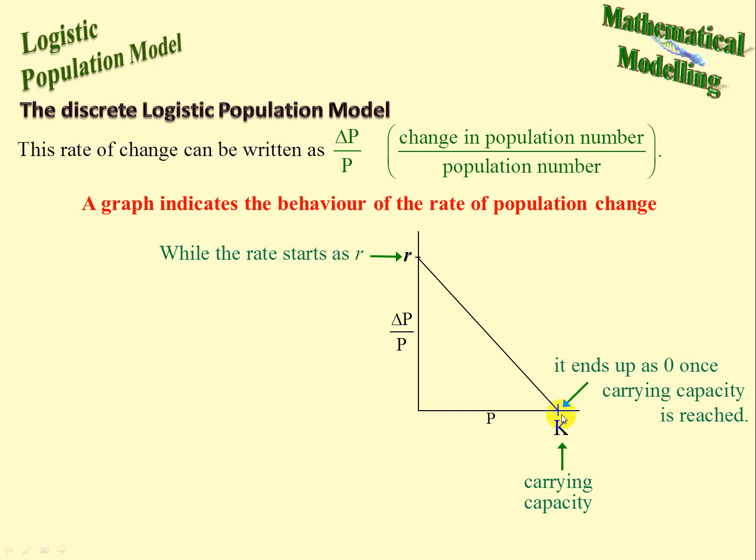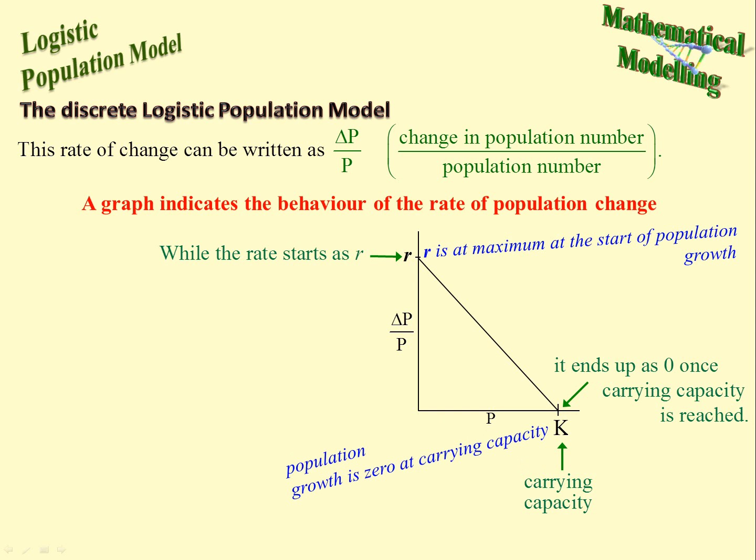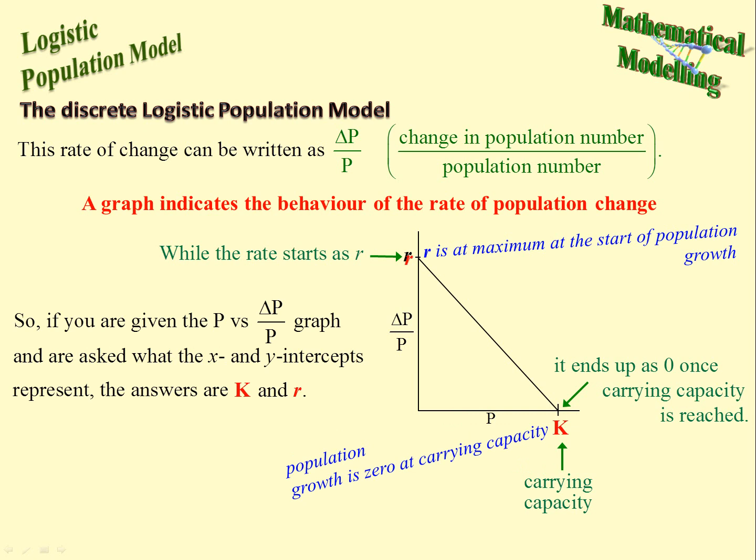And when the growth rate is 0, there is the carrying capacity of the environment. So if we talk about the graph, R is the maximum population growth rate, 0 at the carrying capacity, and if we're given that graph, these are the x and y intercepts of that graph.